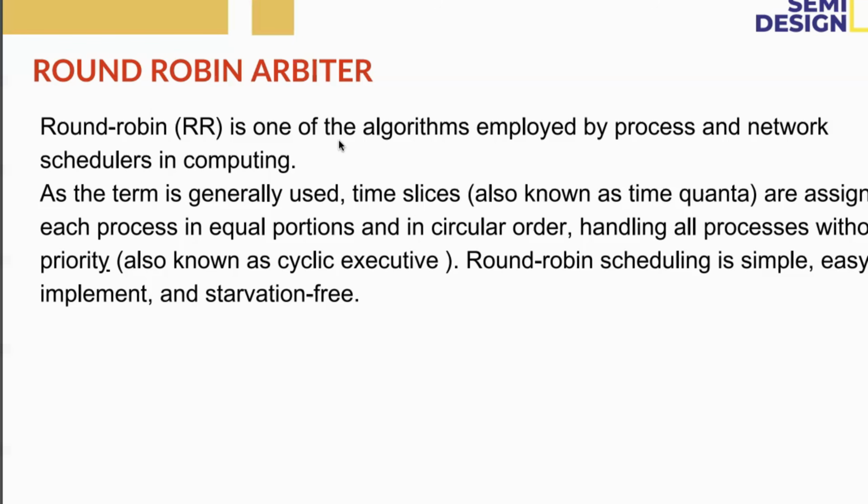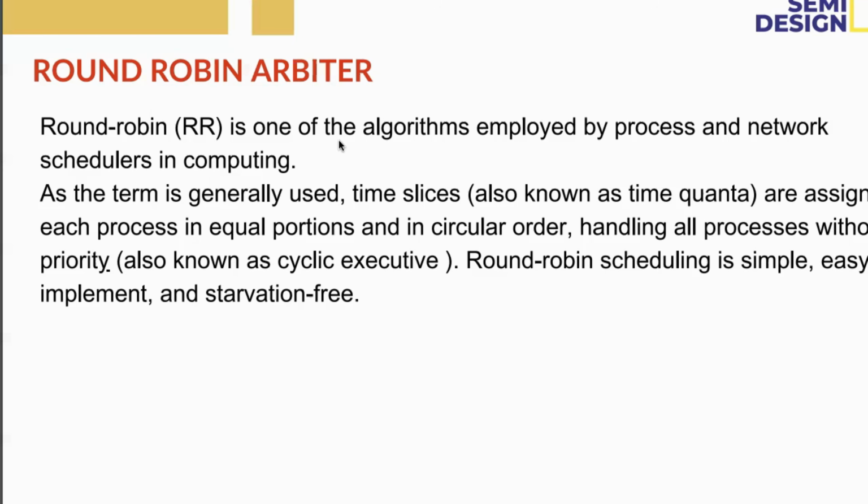There are different types of arbiters, like priority based arbiter, round robin arbiter, or weighted round robin arbiter. Priority based means the high priority master, which needs to transmit quickly, will get the priority. But the round robin arbiter is somewhat different.